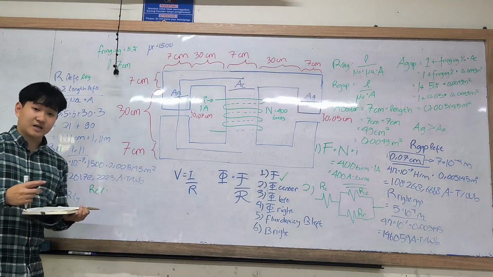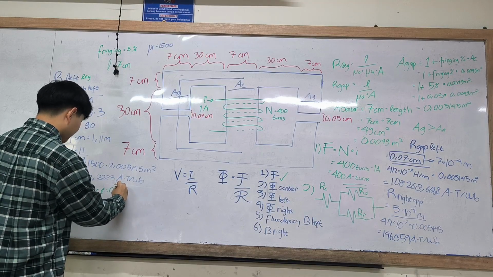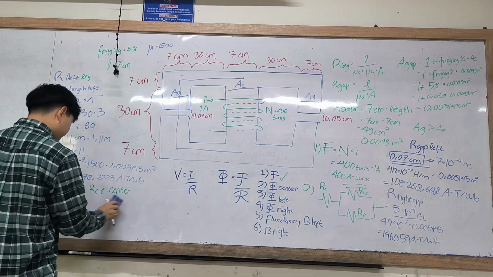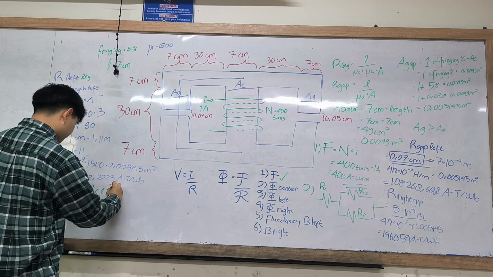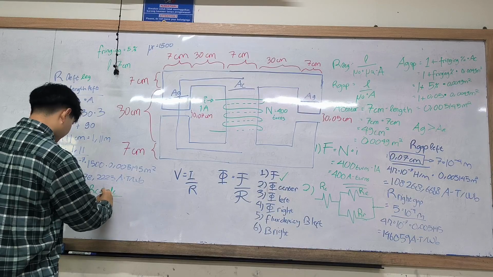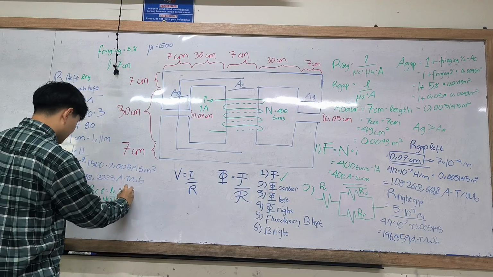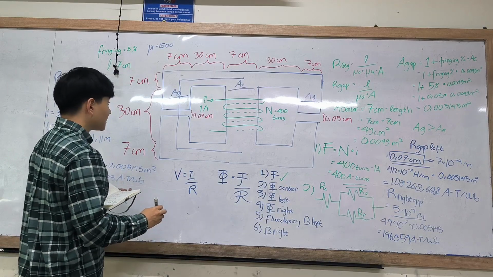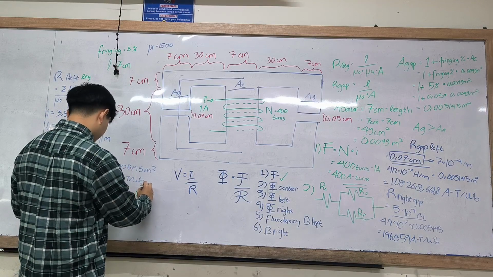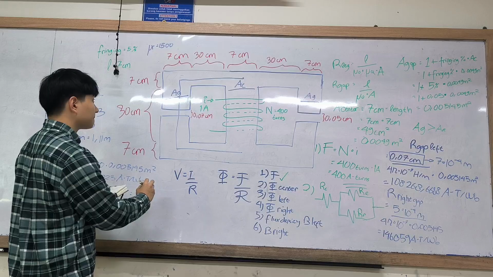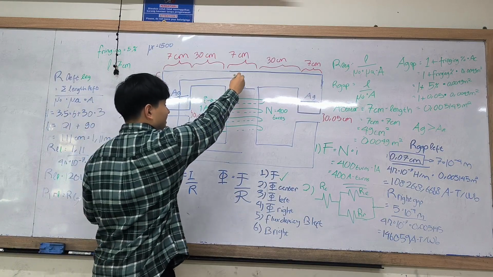For the reluctance of the center leg, it would be the center gap length with the same formula too, and it will be from here to here.